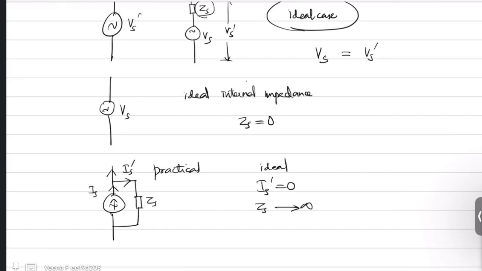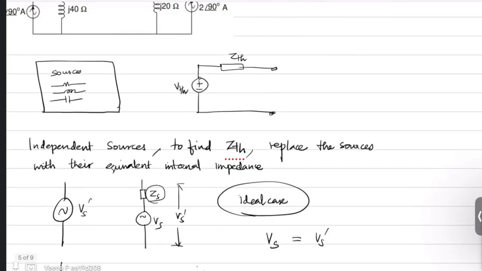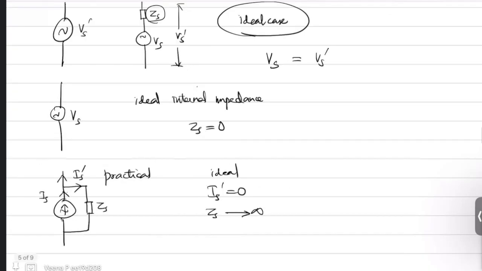That means if you want to find the Thevenin equivalent impedance, you replace all your voltage sources with short circuit and all your current sources with open circuit. Z equal to 0 means it is a short circuit, there is no impedance along the path. And Zs tends to infinity means you replace it with an open circuit, because there is no current flowing through it and the impedance tends to infinity.